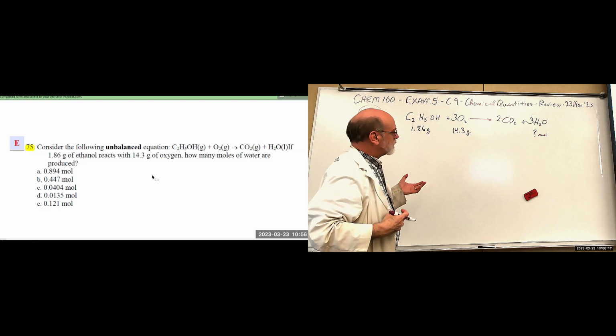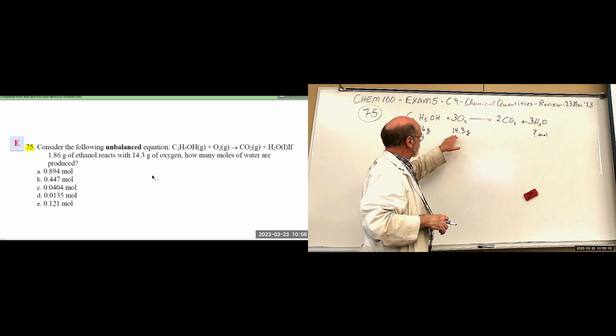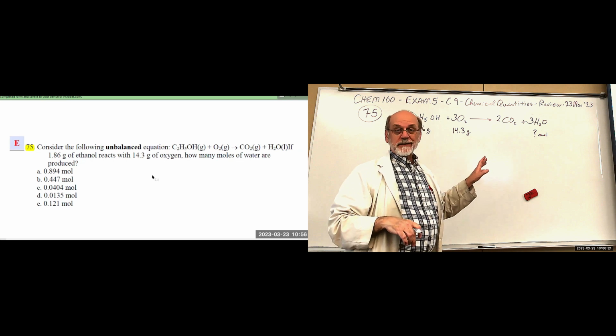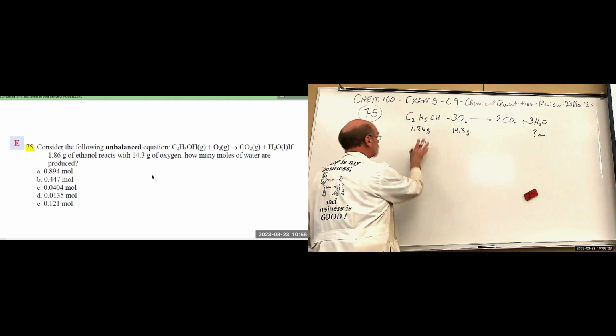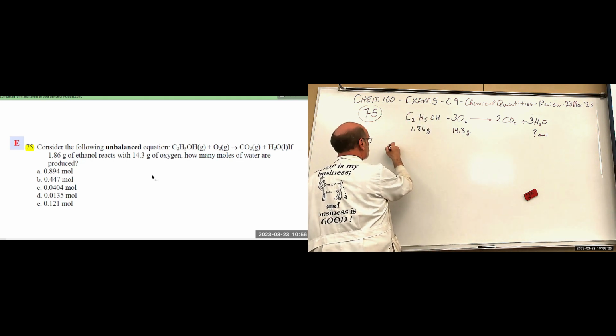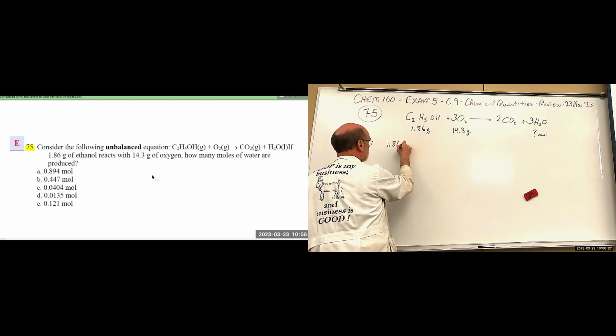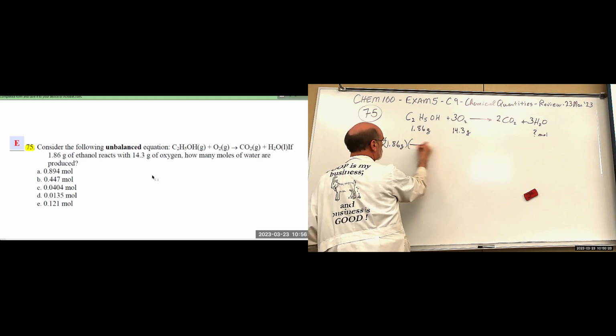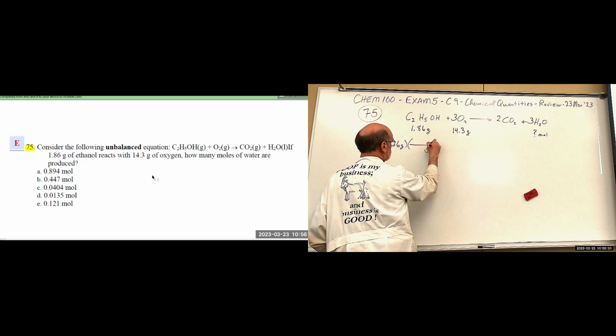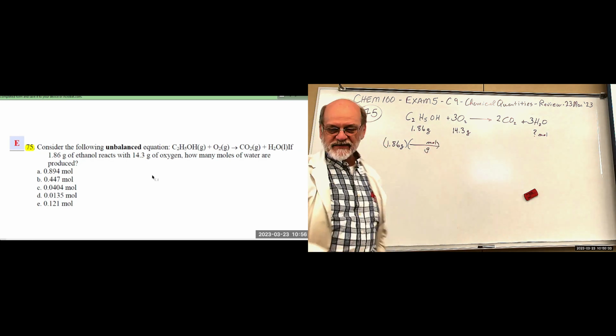Okay, so what do we do here? Well, we've got 2 amounts here. We've got to find out which one's limiting. So we've got to convert this one to moles, and we need a molar mass again.